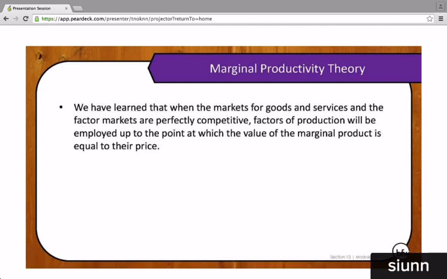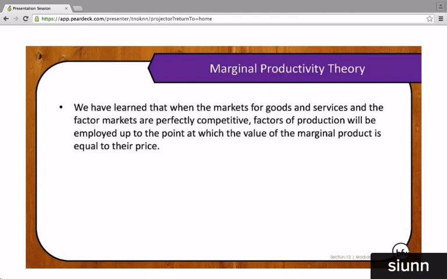Now, we have learned that when the markets for goods and services and the factor markets are perfectly competitive, factors of production will be employed up to the point at which the value of the marginal product is equal to their price. If all factor markets are in equilibrium, the last unit employed is paid a wage or rental rate equal to the value of the marginal product, and this is called marginal productivity theory.